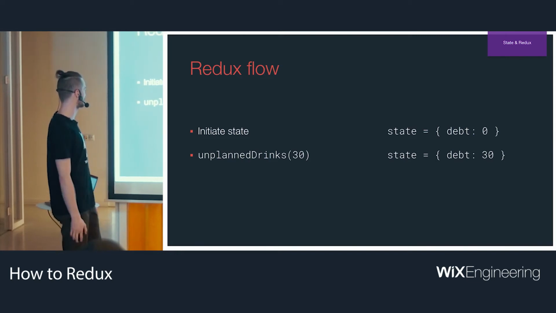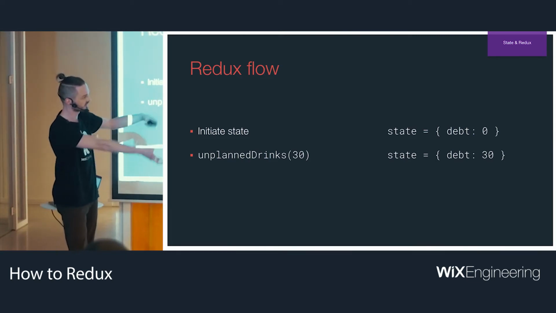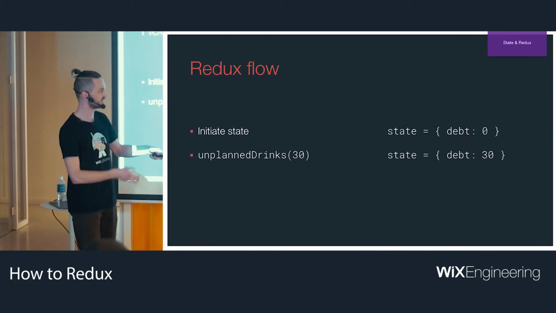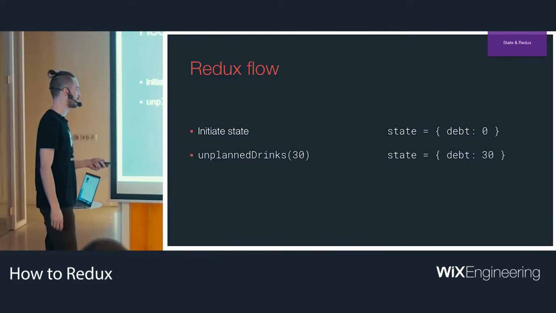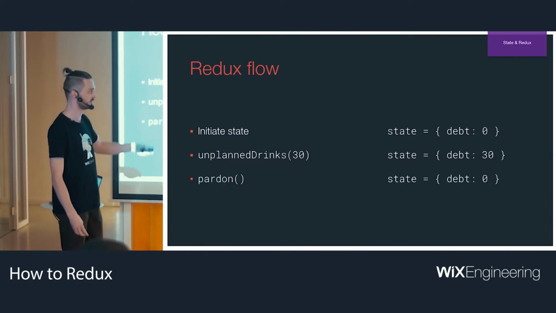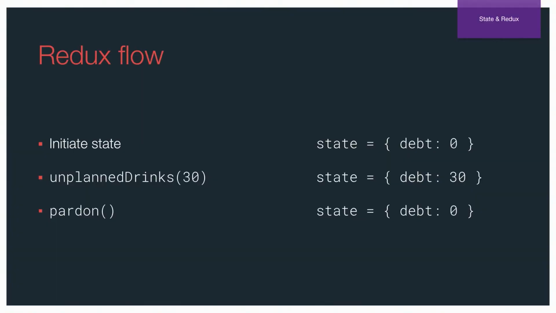Maybe I have some unplanned drinks, and I call a function which updates the state, and now, unfortunately, the debt is 30. But then maybe someone else pardons me, and now the debt is 0. That's pretty clear and simple, nothing fancy. I'm hoping after this meetup we will not have too much debt, but we'll see. So this is the Redux flow.